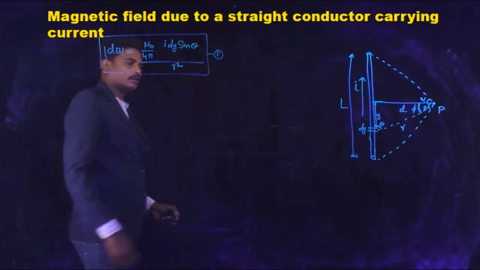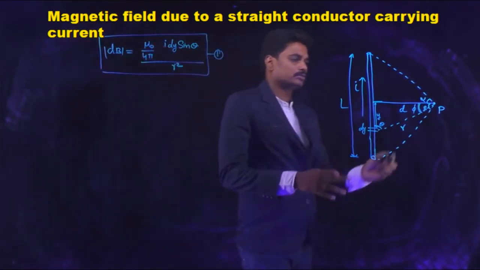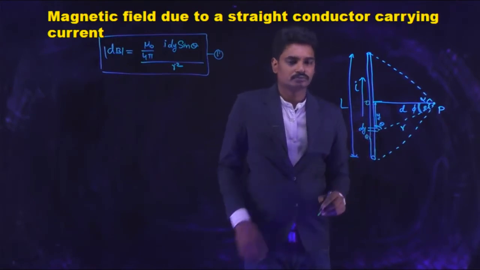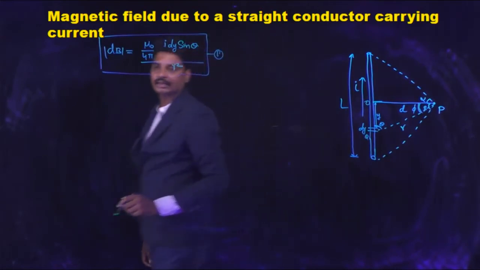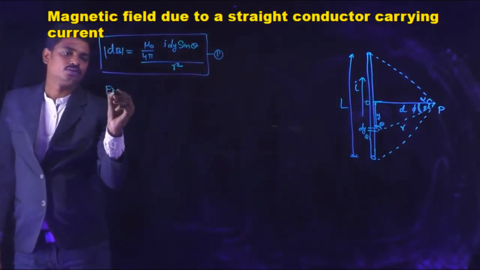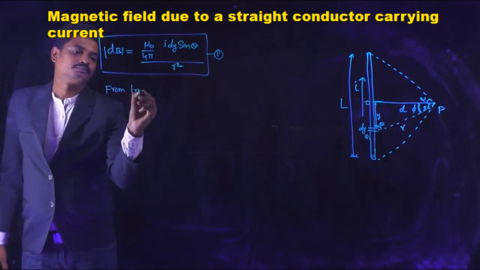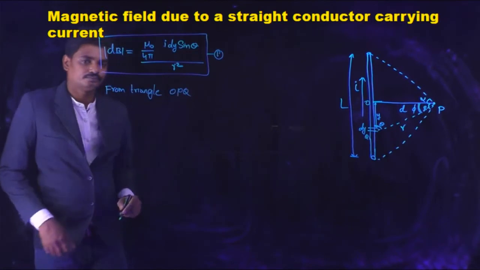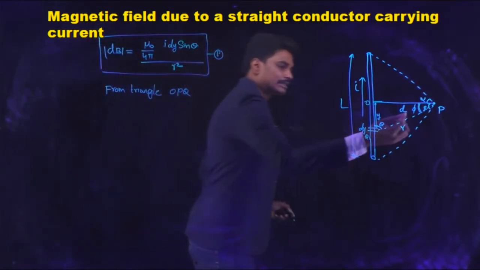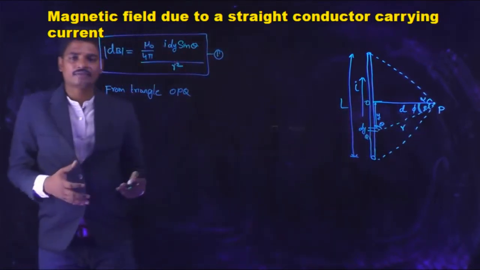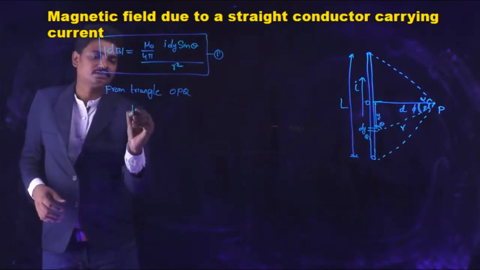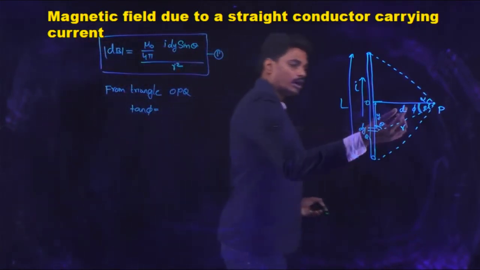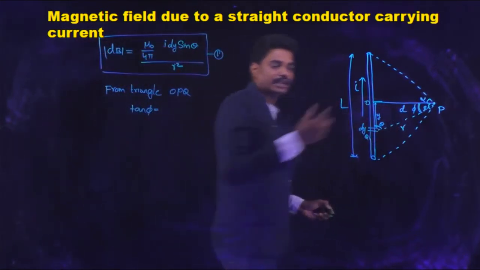Now from this triangle, let it be O and let it be Q, triangle OPQ. What is tan phi? We know that tan phi is opposite side by adjacent side. So tan phi is equal to opposite side y divided by adjacent side d.